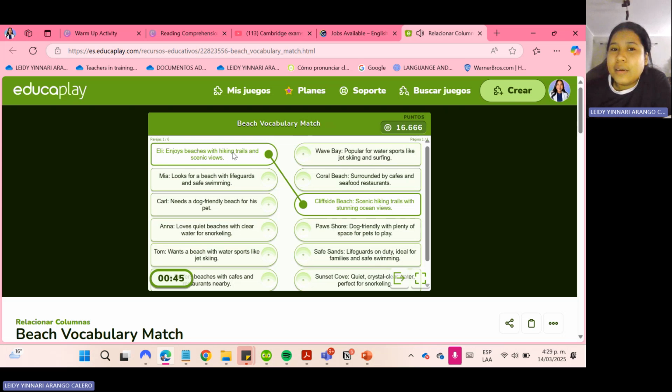Because of hiking, scenic, stunning. If I know what could be a synonym or another way to express scenic views, I know that the stunning ocean views will also fit. That was what I mentioned, that it is important to know some keywords.